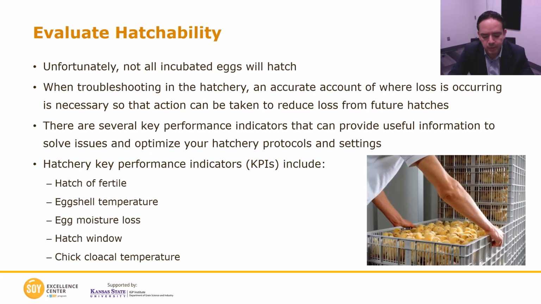Some examples of KPIs are hatch of fertile, eggshell temperature, egg moisture loss, hatch window, chick local temperature, etc. The idea is that you need to develop your KPIs, and that way it will help you compare your current batch with previous batches, and see if you did it right or if something went wrong.